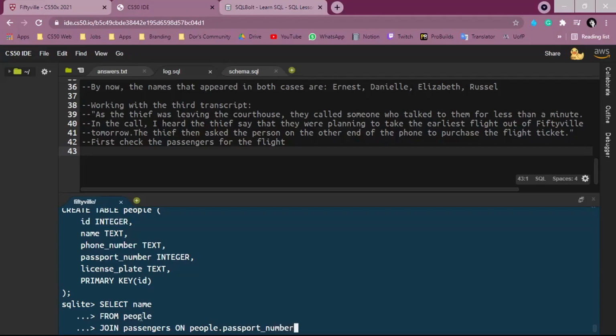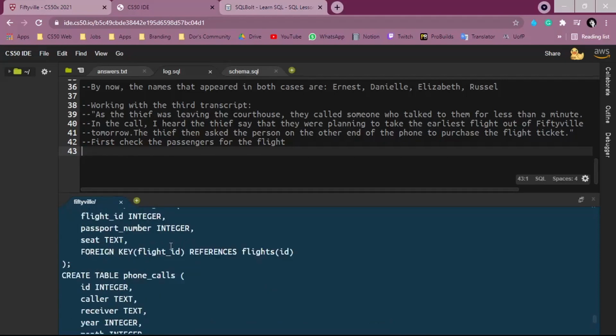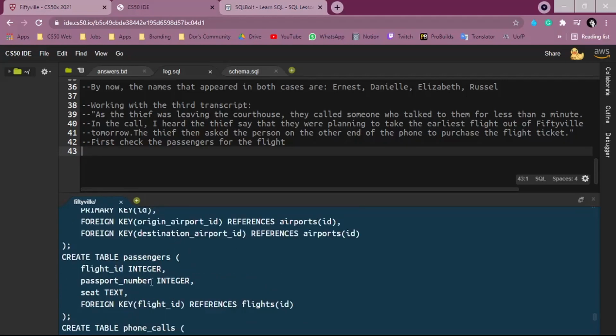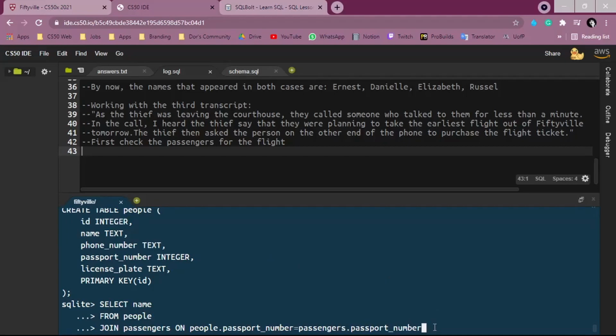And why are we using this? Because we have the passport number here. We can do this match with passengers.passport_number. Because if we take a look at the passengers, we also have a passport number. So we're matching the information in here.